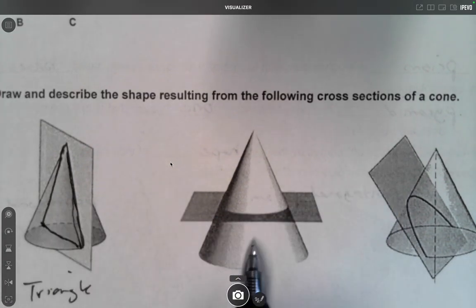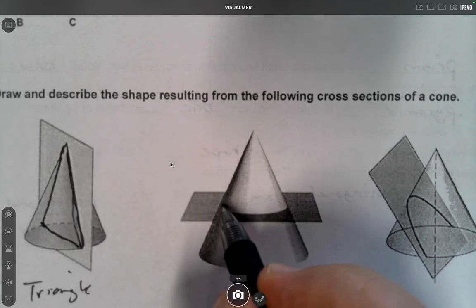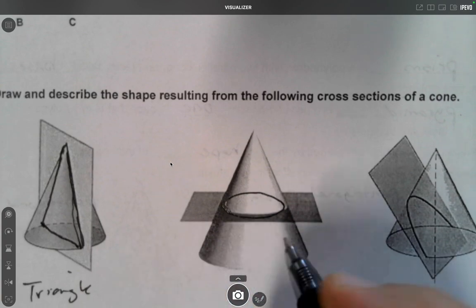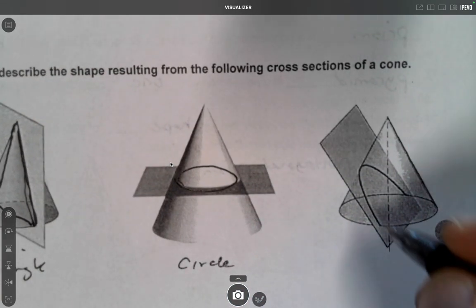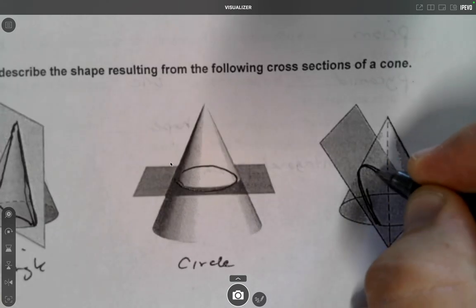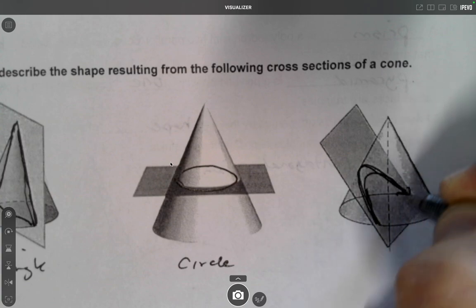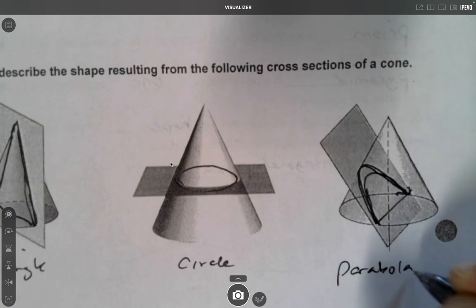But this is also a cone, but now the paper is going horizontally instead of vertically, and the shape it makes is a circle. And this one makes a parabola. It's just this curve like this. So parabola is what we call that. It's almost like a half circle, but it's not.